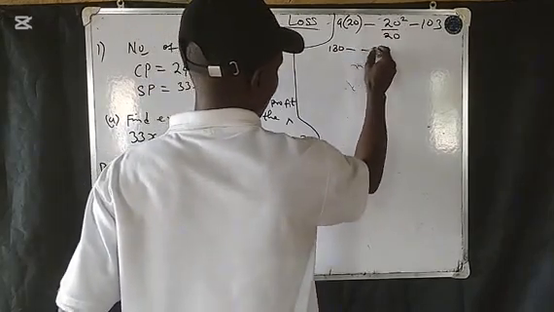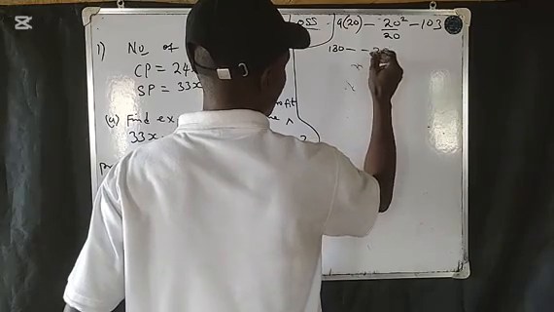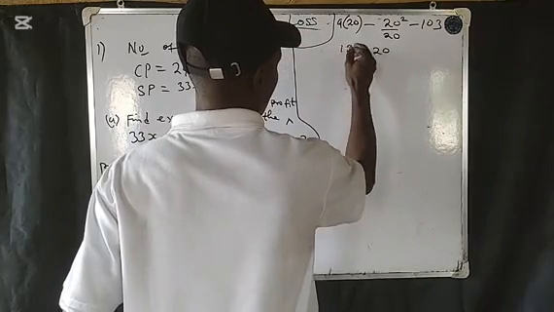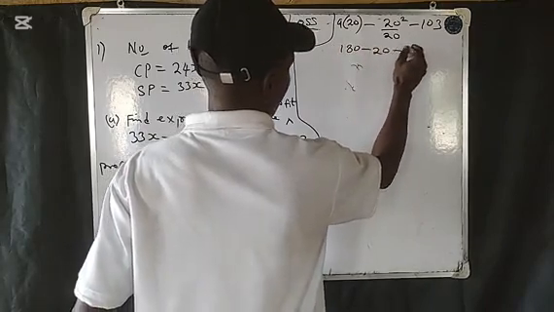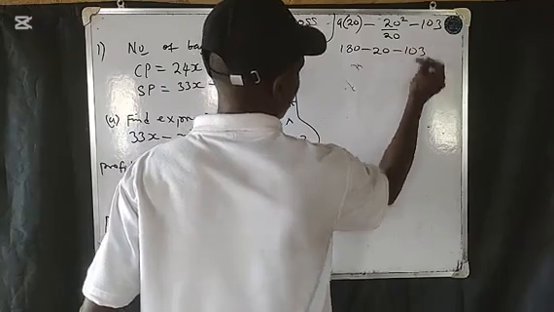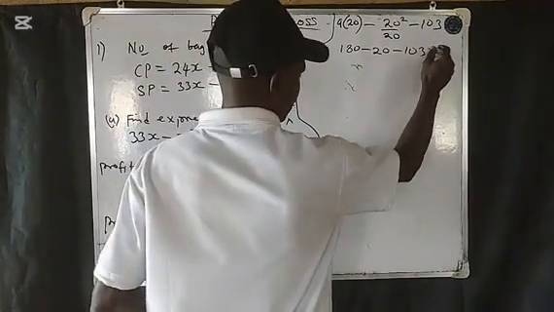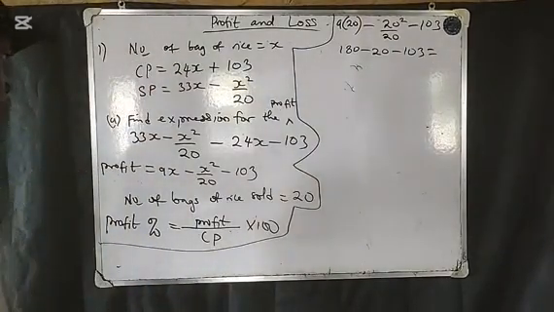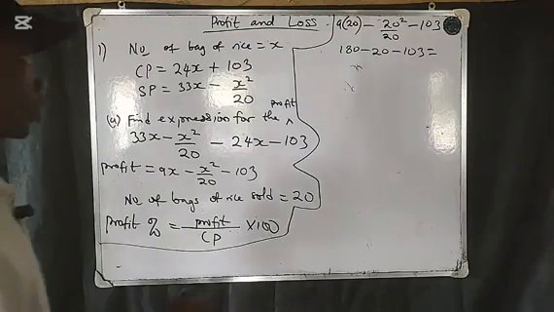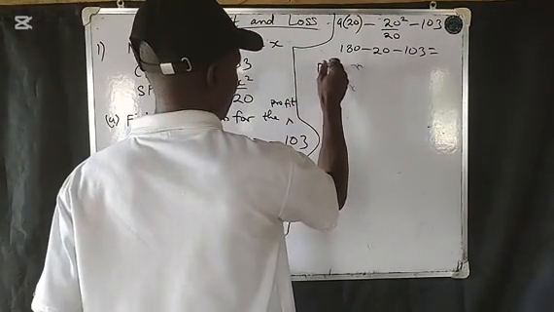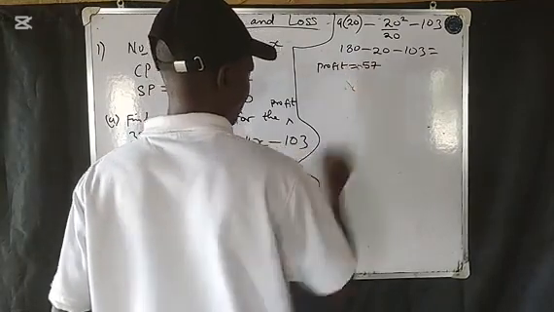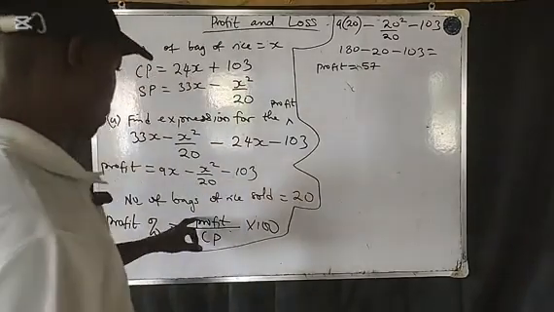Minus 20. Minus 103. So subtract everything. So profit is equal to 57, right? That is what's going to be here.